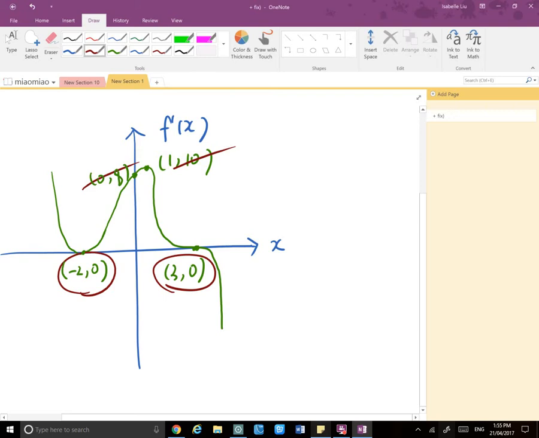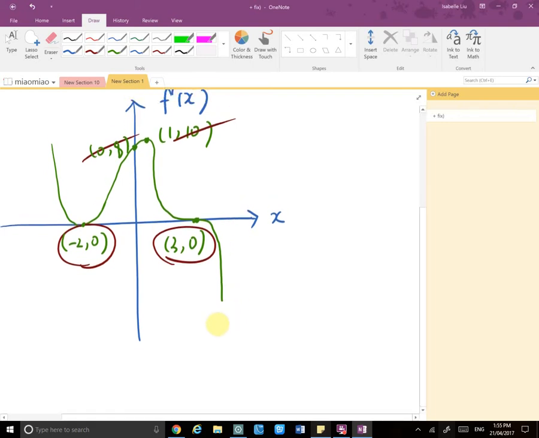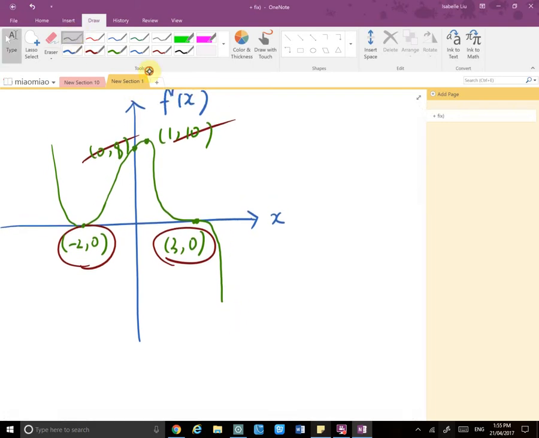Okay, it's an f dash x graph. If it's an f dash x graph, I only care about what the 0 values are. Okay, what x value can give me derivative equals 0. So it's -2 and 3 that give you derivative equals 0. And then you use that to set up the table.